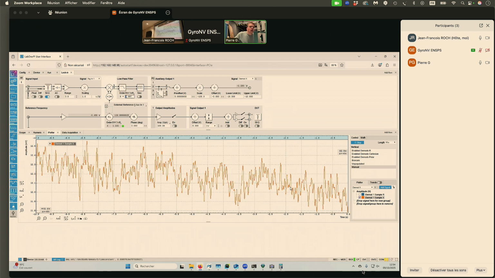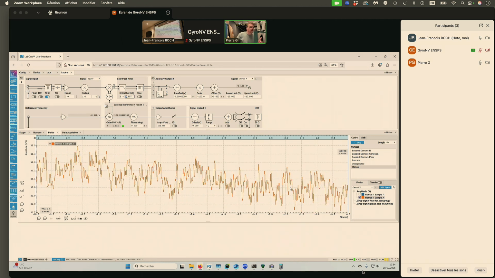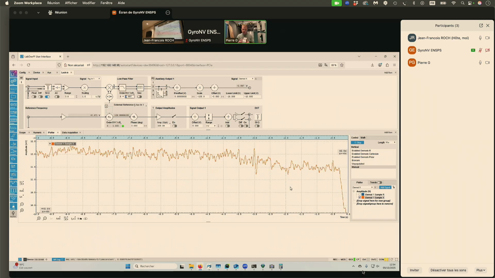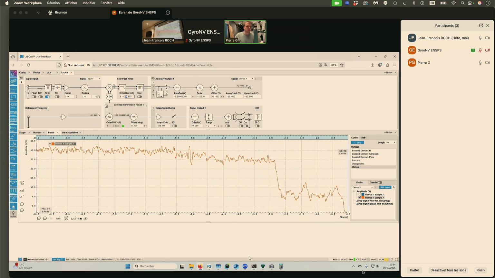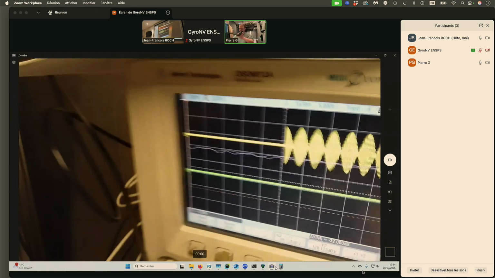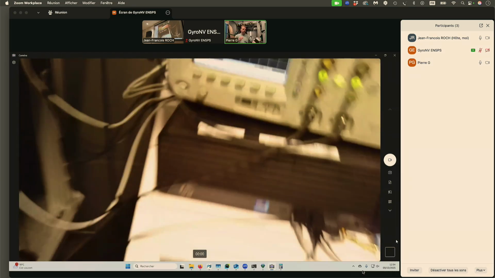Okay? Now let me show how this is very sensitive to magnetic field. Here, I have a magnet.